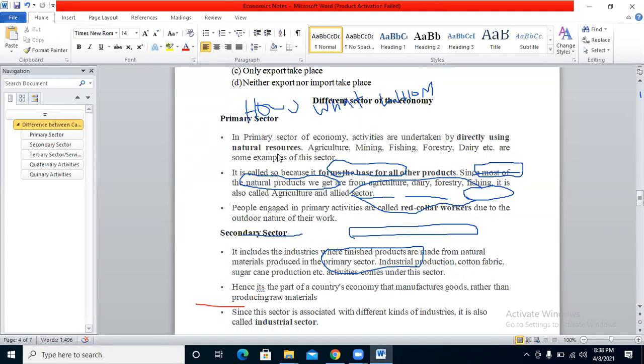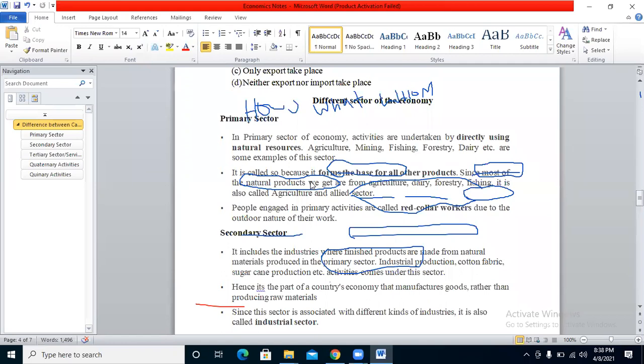It's the primary sector because we are just using the water through the dam, so this is the direct use of natural resources. It is called so because it forms the base of all products, since most of the natural products we get from agriculture, dairy, forestry, fishing.